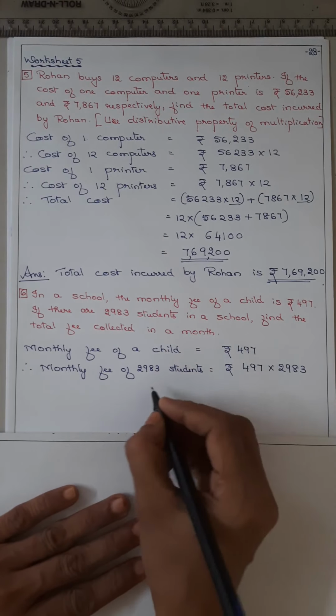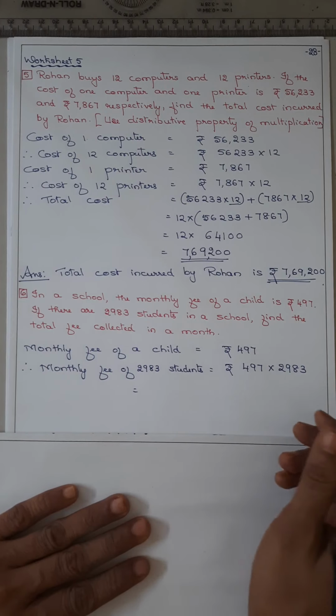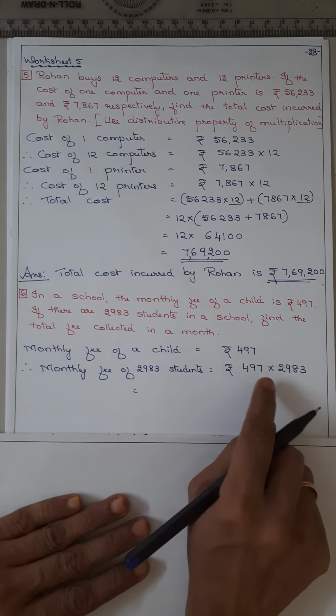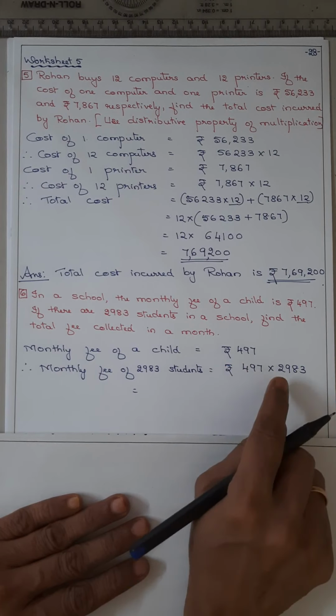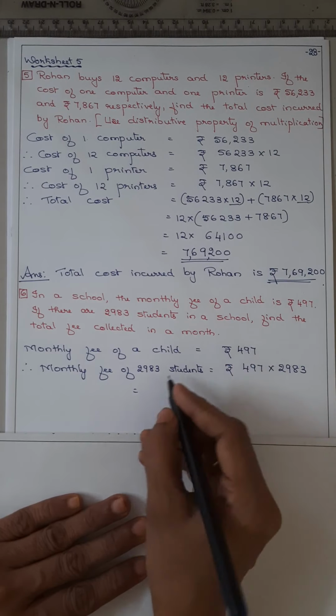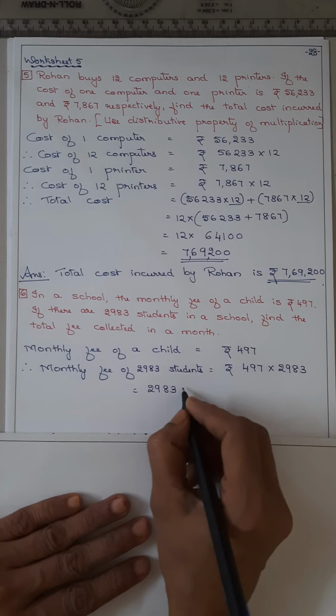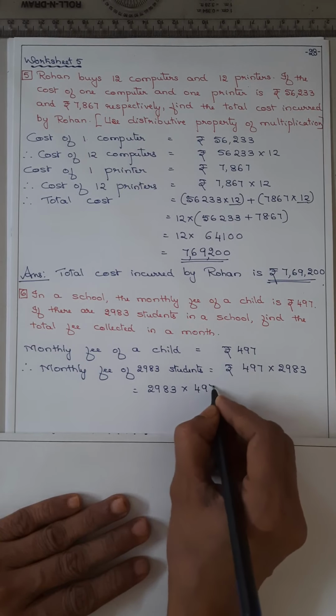So ordinary multiplication, but here what we are going to do, 497 is near to 500, so you can split this. So first rewrite it: 2,983 into 497.